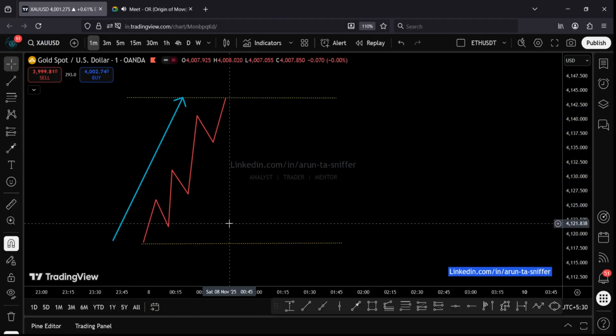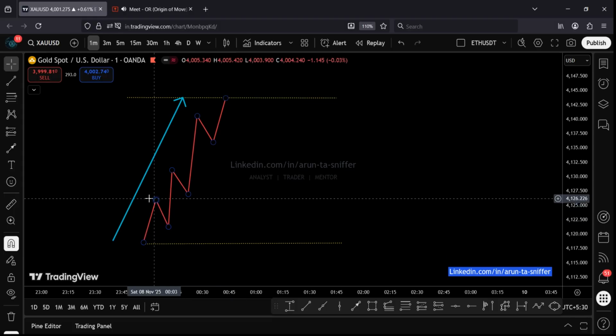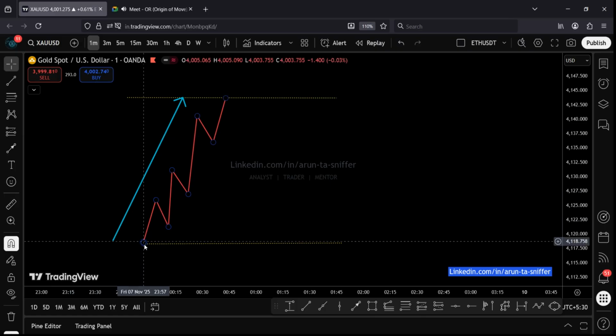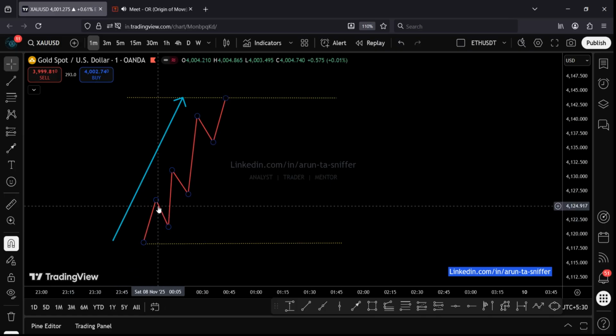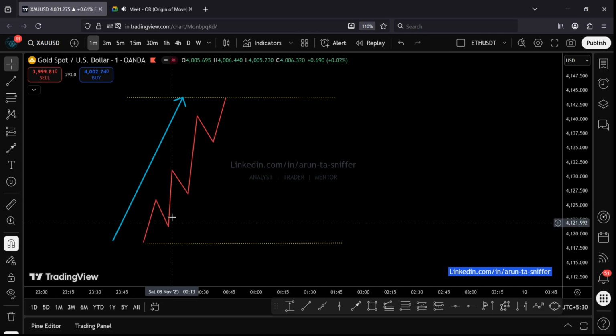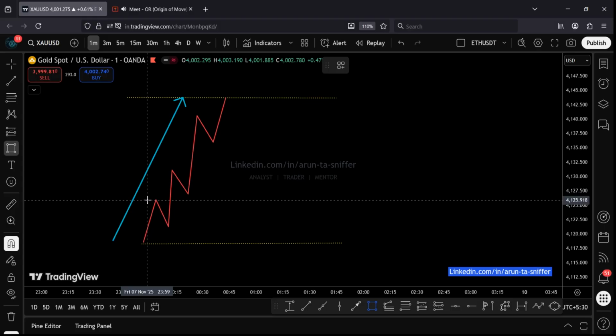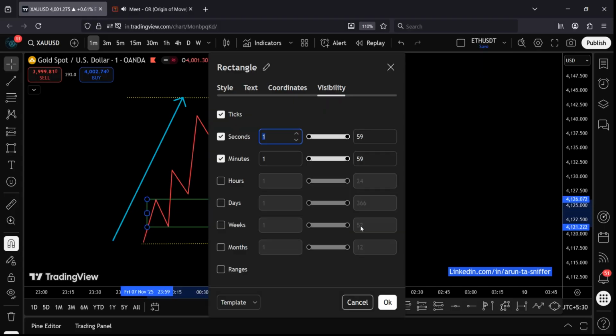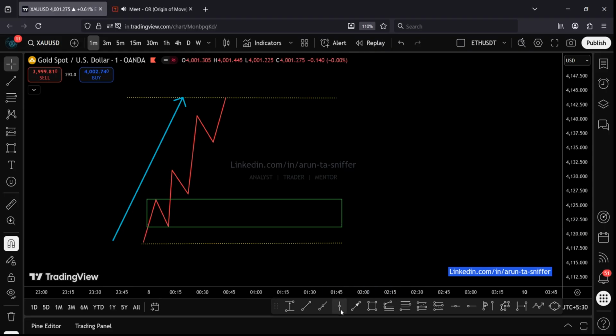And from where did this move start? From this place. Price may be coming from here to here. So which one is the first FTR? This one will be our first FTR, and this will be called our origin, and we denote this using OR.